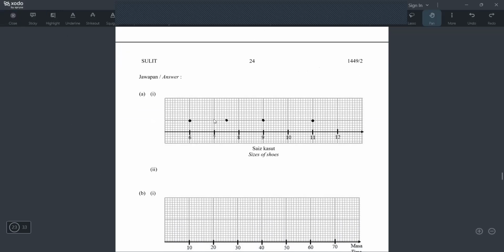So 6.5 is between 6 and 7. 1, 2, 3, 4, 5, 6.5 is here. And then the next one is 10.5. 10.5 is okay, 1, 2, 3, 4, 5 here. Okay. Make sure you dot very carefully.